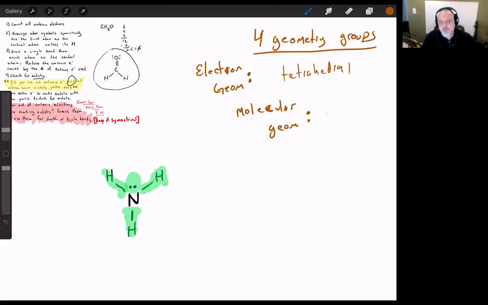But what's the molecular geometry now that one of the geometry groups is a lone pair? Not planar. It's trigonal pyramidal.